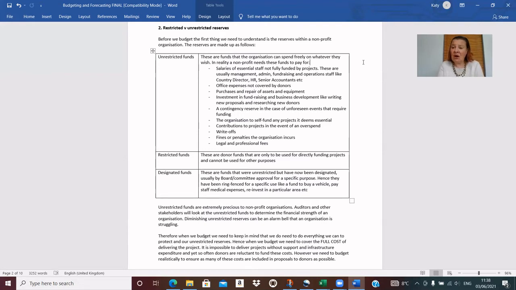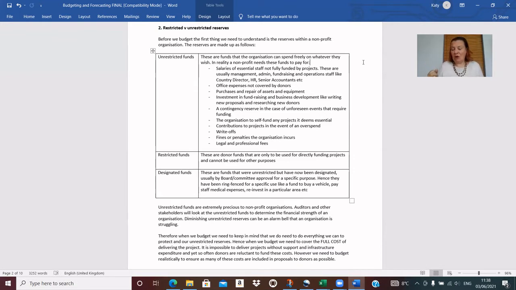And mostly these are staff performing what we would see as support or overhead functions like management, finance, administration, fundraising, etc. And then the unrestricted funds can also be used for any unexpected expenses that may arise.